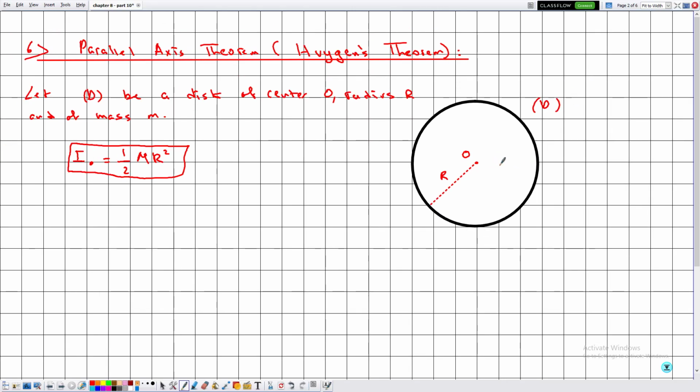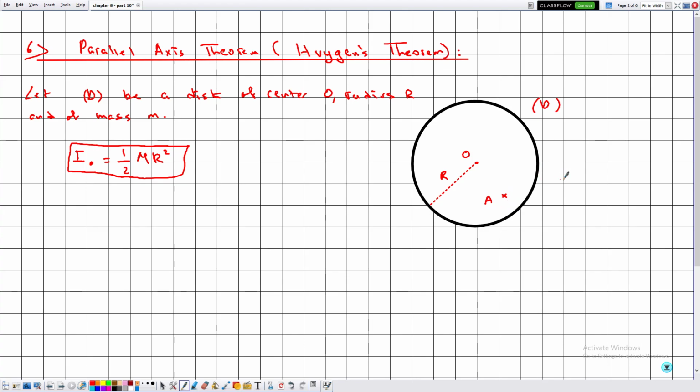But actually what will happen now is that we will define a point, any point, say for example here on the disk. Let me take it to be an arbitrary point, not related to symmetry in any sense.